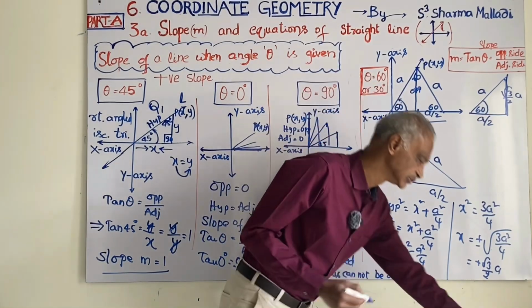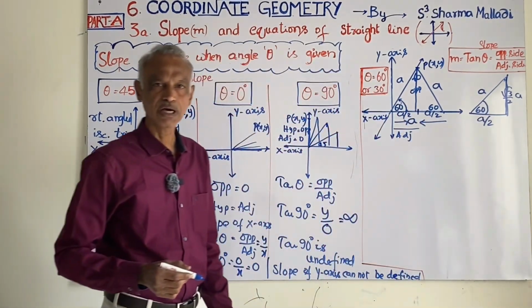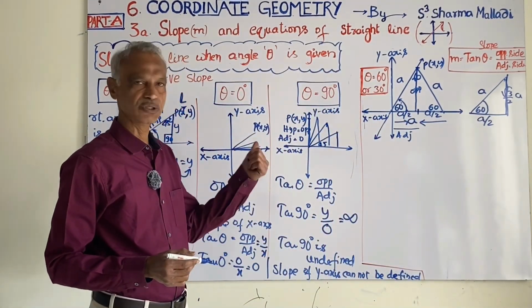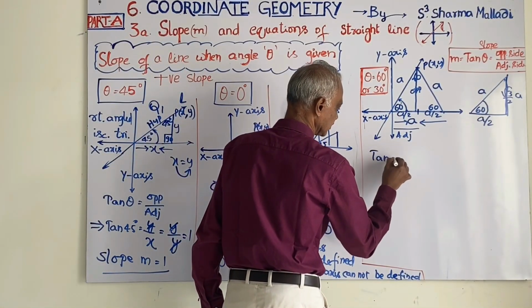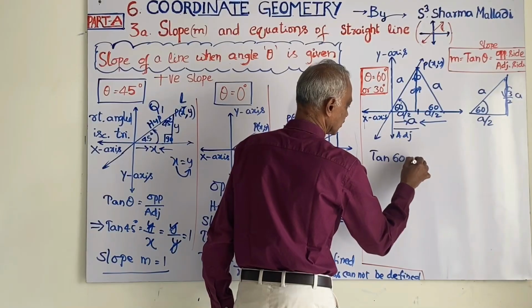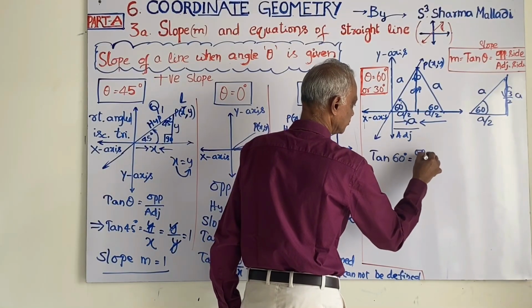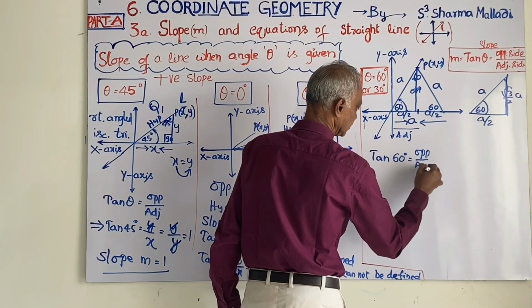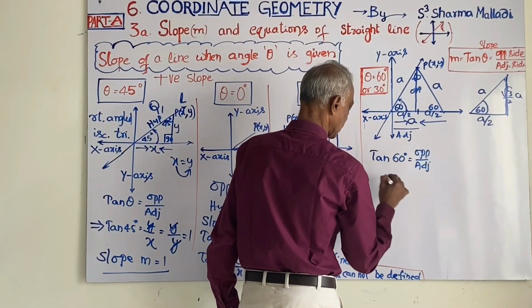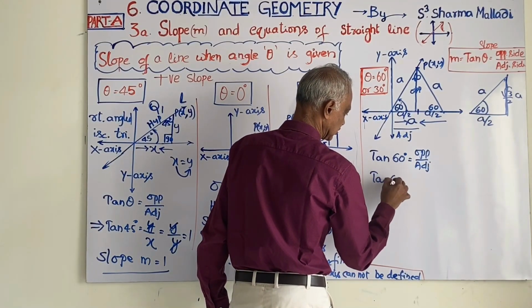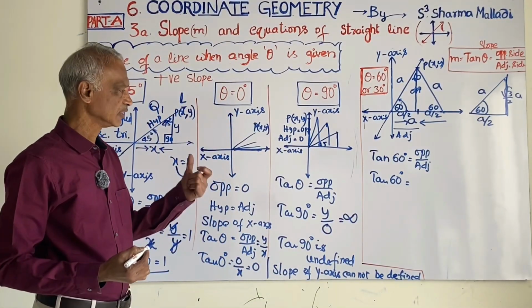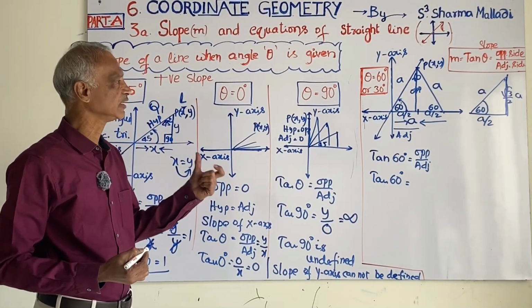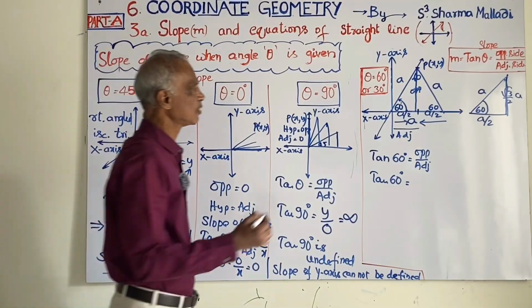Now we have to find tan 60 and also tan 30. First we will find tan 60, which is opposite side by adjacent side. What is the value of tan 60? What is the slope of the line when theta is equal to 60 degrees? What is the opposite side?